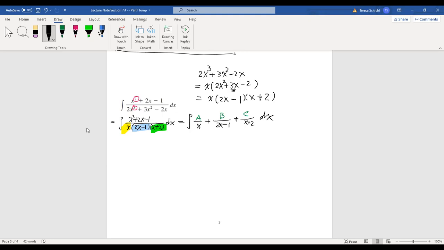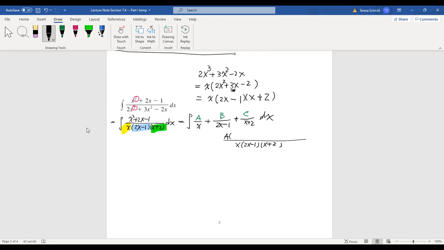So let's see what ABC is here. This is where it kind of becomes tedious, right? So first, what is the common denominator? This is 2x minus 1, x plus 2, right? So you have 3 variables, so you will need 3 equations to solve it. So A, this is a common denominator.